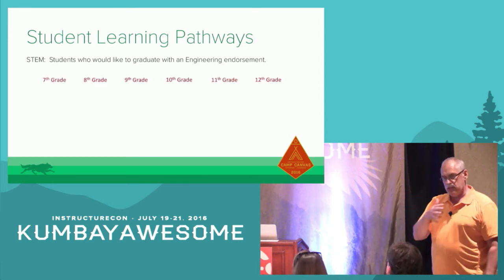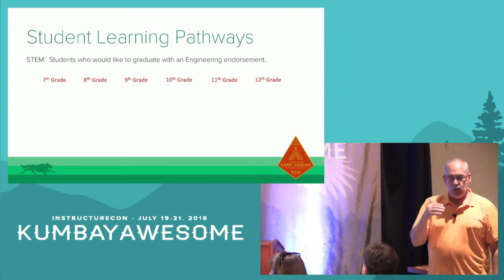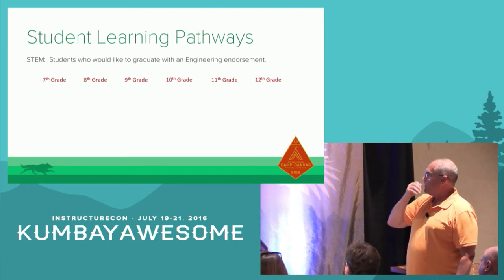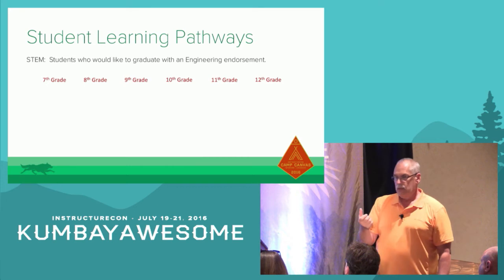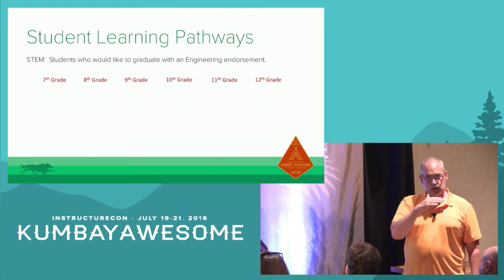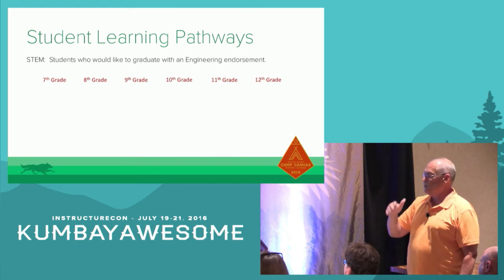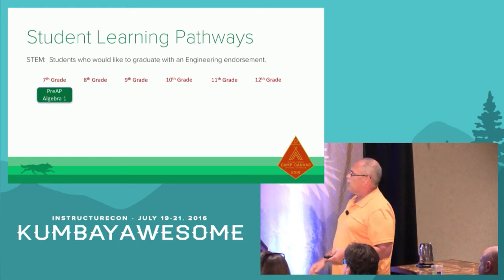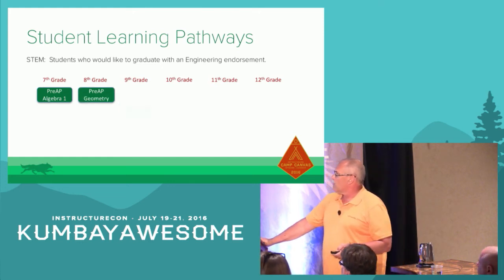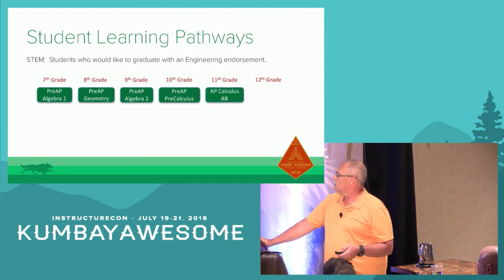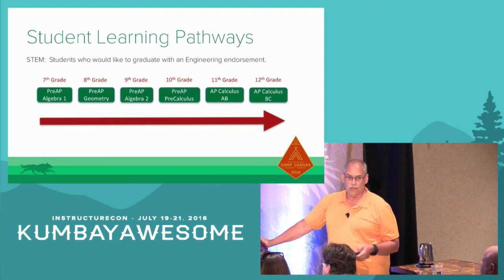This is the learning path that we're going to build within Canvas that's going to be exported into our data warehouse, where we're going to start tracking students, and I'll tell you the areas that we're going to track them in. But in 7th grade, they have to start with pre-AP Algebra 1, Geometry, Algebra 2, Pre-Calc, AP Calc, AP Calc BC. That's their learning pathway.